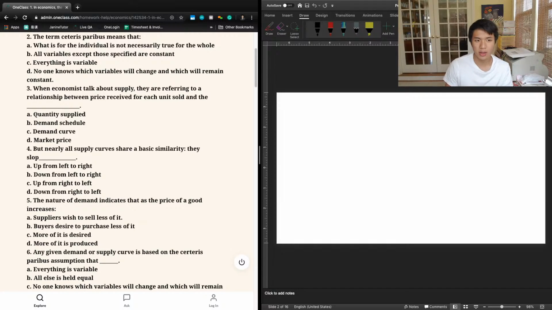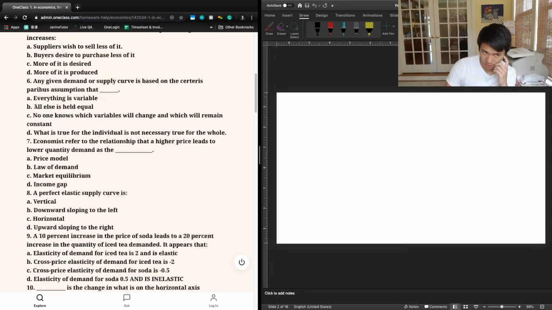And so the reason we make this assumption that we want to hold everything else equal is so that we can try and isolate what are the causal factors for different things that are shifting in our economic models. And so holding all else equal is typically what we think of, and that seems to be best matched by answer choice B. The term ceteris paribus means that all variables except those specified are constant. And that seems to best depict that definition.